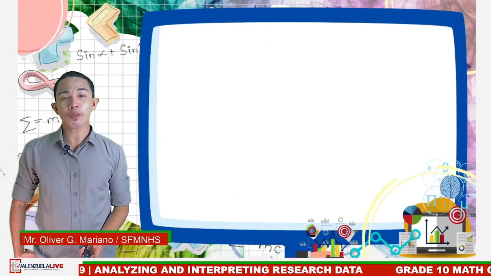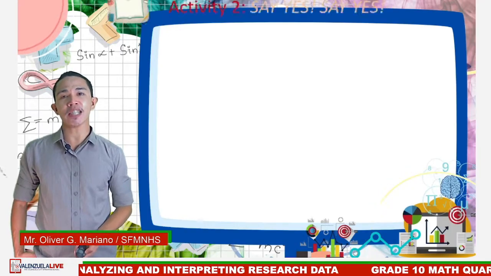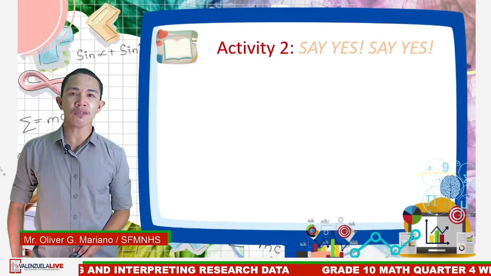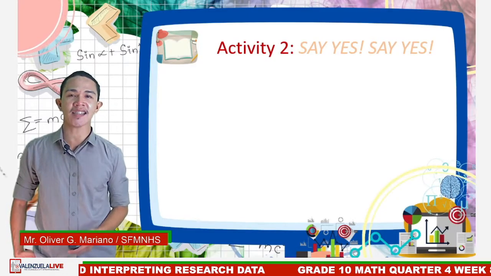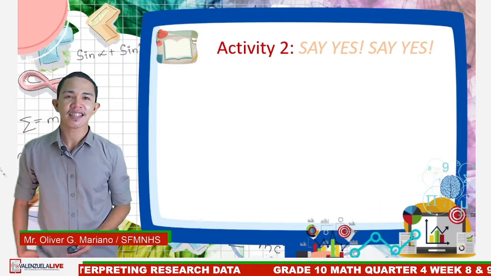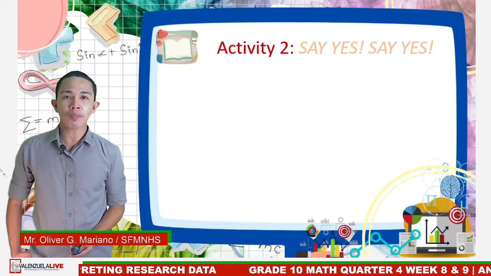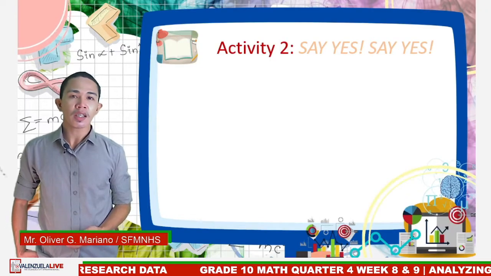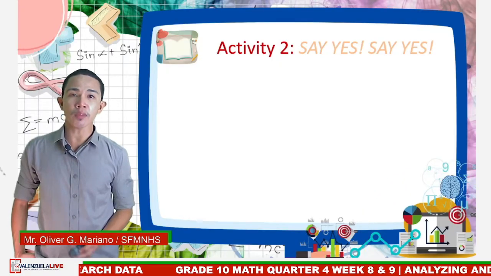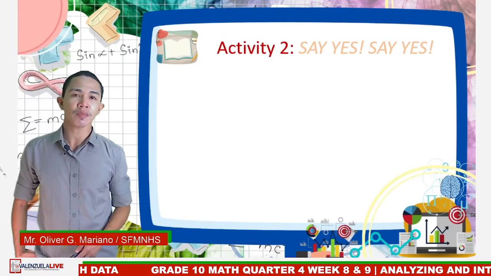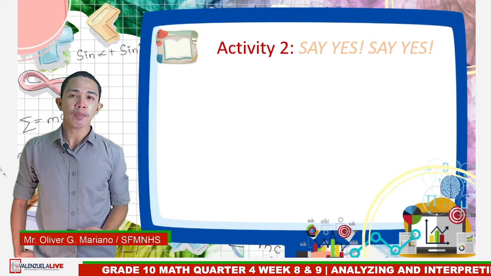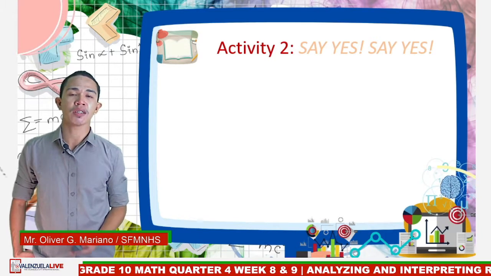At this point, I guess you are now ready to head on with our second activity entitled Say Yes, Say Yes. I will be posting a question and you need to determine whether that question can be answered using measures of position.